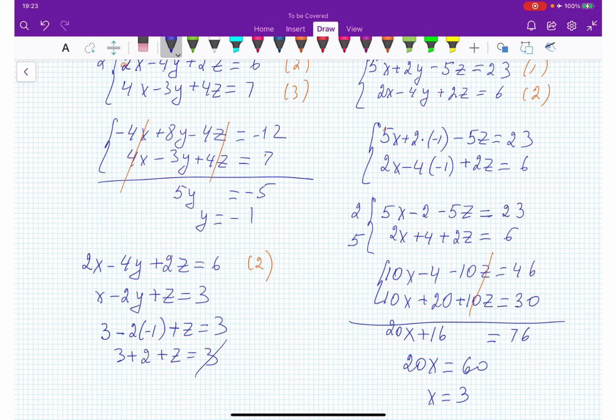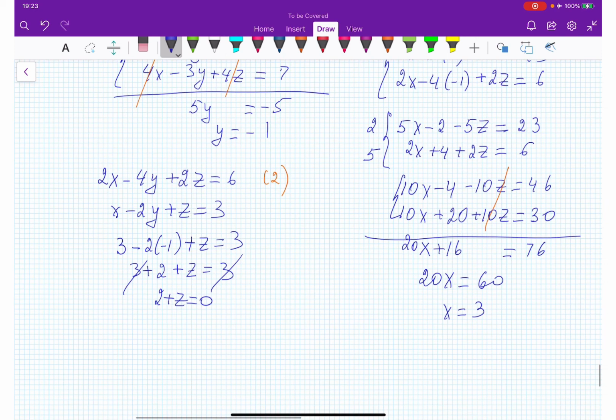This 3 is going to be gone with this 3 because either this one moved there or it's going to be 3 minus 3 one way or another. So we get 2 plus z is equal 0 and z is equal negative 2. Once I move 2 on this side, it's going to be negative and z is equal negative 2. So the answer for this system of equation is going to be x is 3, y is negative 1, z is negative 2. Let me write down.